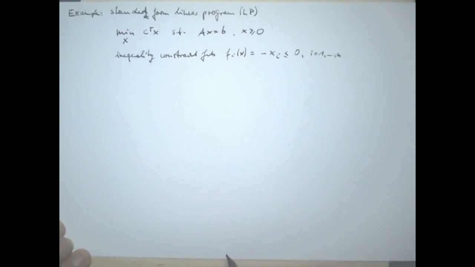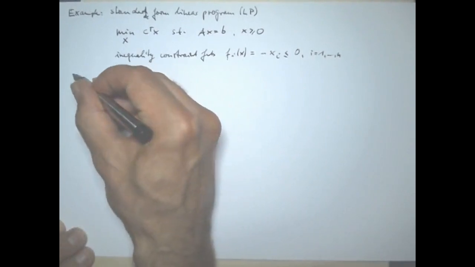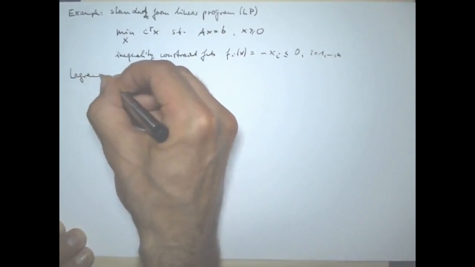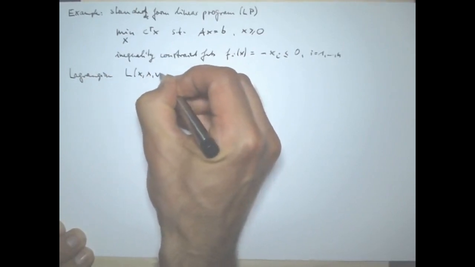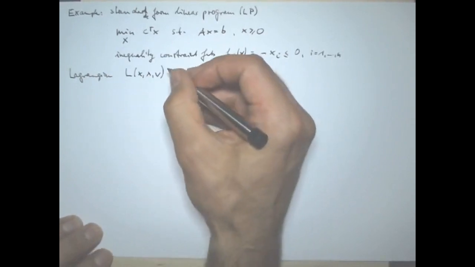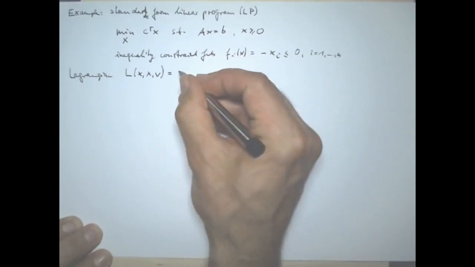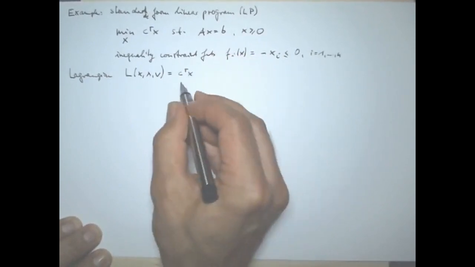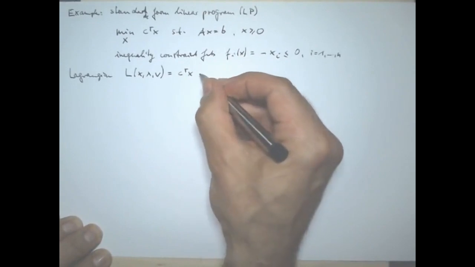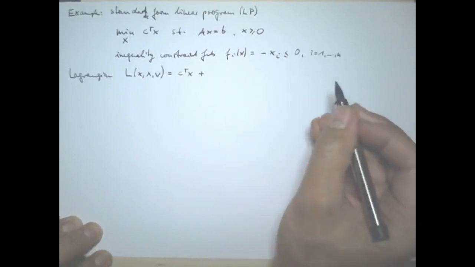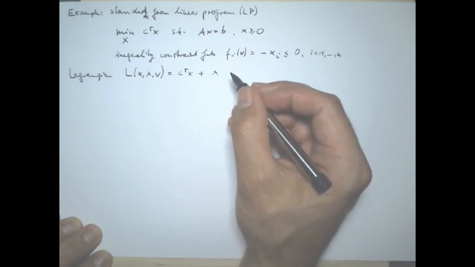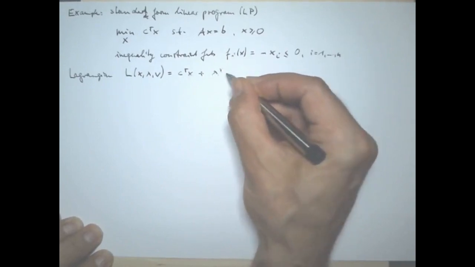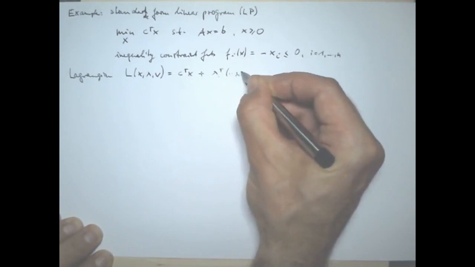I can then build the Lagrangian. My original objective was c transpose x plus the summation over all the Lagrange multipliers, which I can write as an inner product between these two vectors.